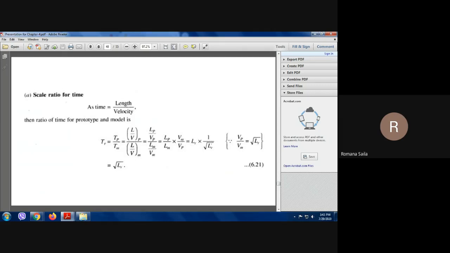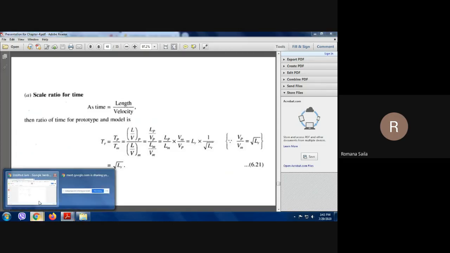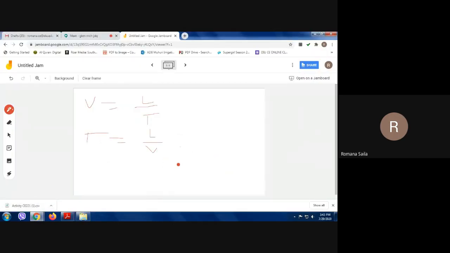Now we will have only one root over LR, because we know that LR is equal to root over LR into root over LR.